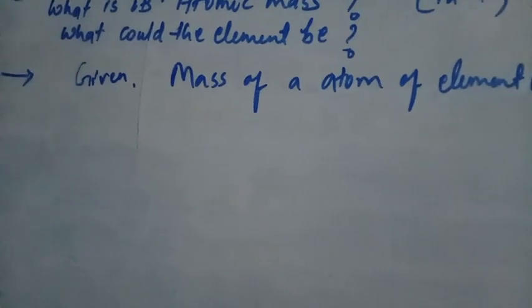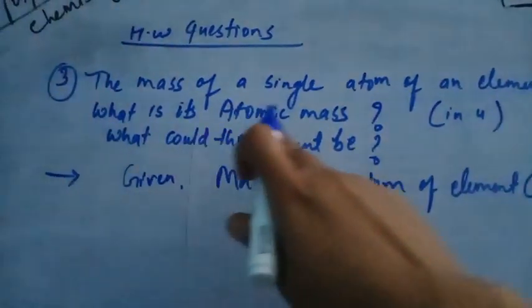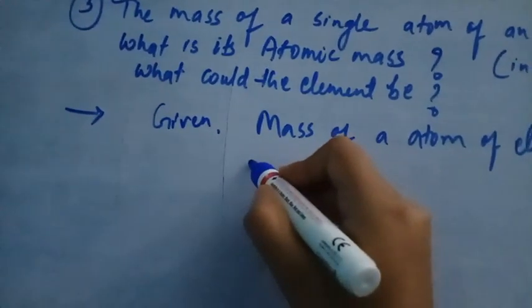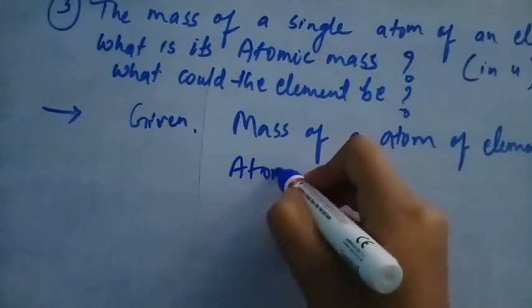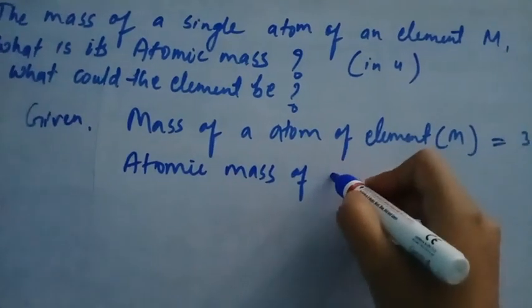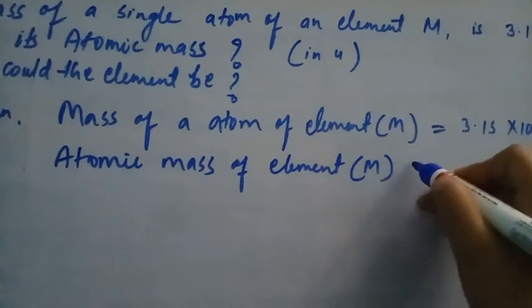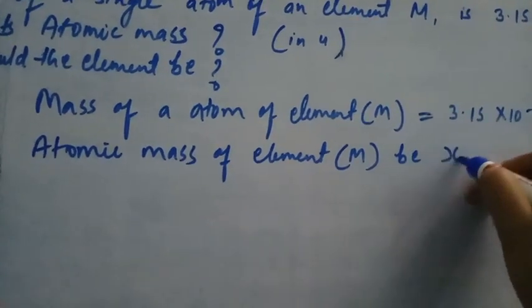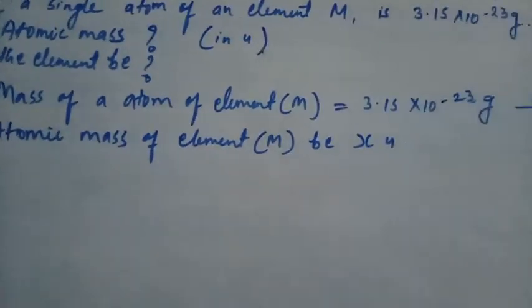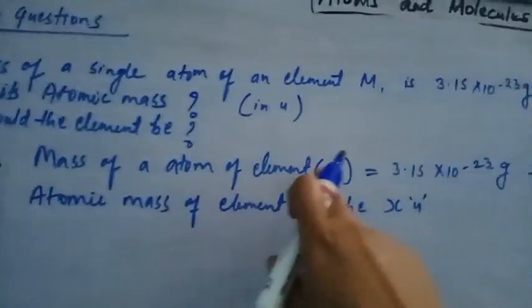Okay, now we have to calculate the atomic mass. So let's say the atomic mass of element M be X U. Okay, U, because we have to calculate the atomic mass in U, and we know the atomic mass in grams.